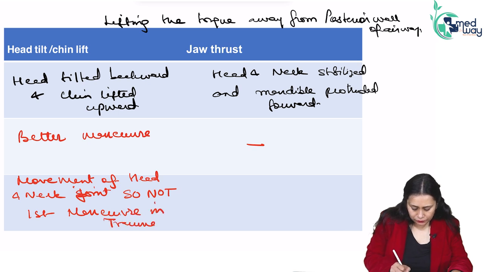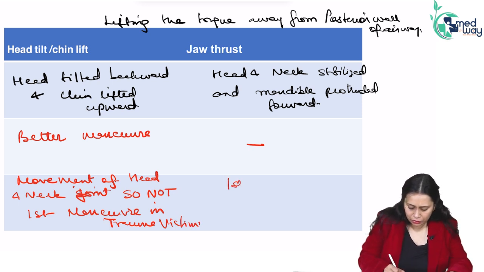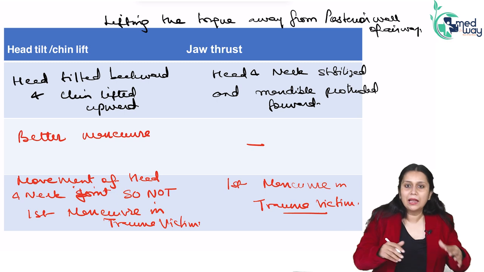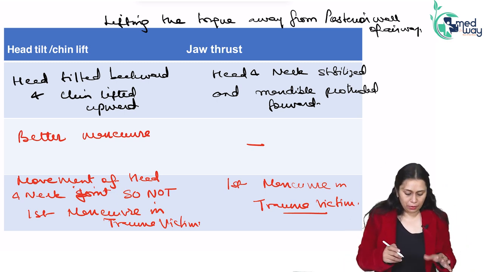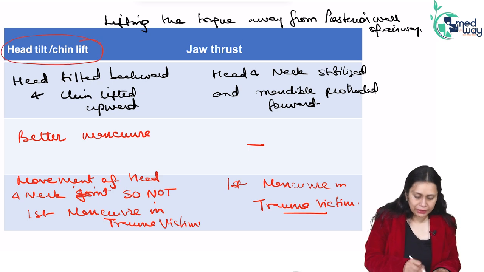Whereas jaw thrust is the first maneuver which we practice in a trauma victim. Okay. So jaw thrust is the first maneuver in a trauma victim and head tilt chin lift is the first maneuver in a non-trauma victim. So remember, for a non-trauma victim, head tilt chin lift, and for a trauma victim, jaw thrust is what we practice.